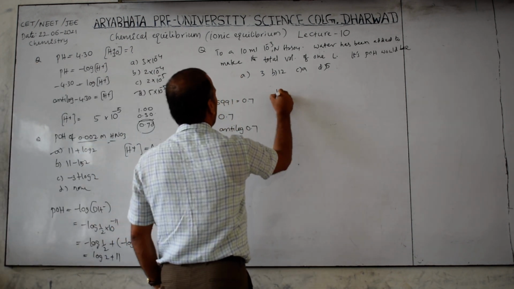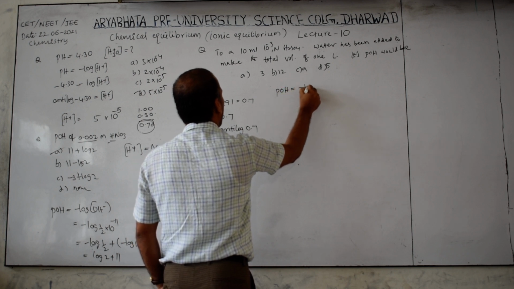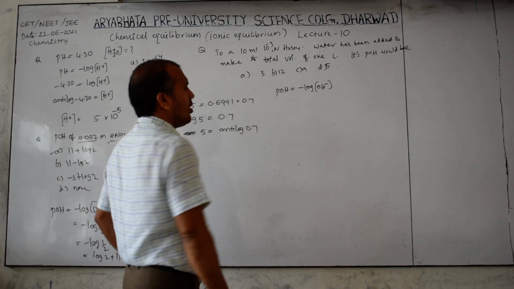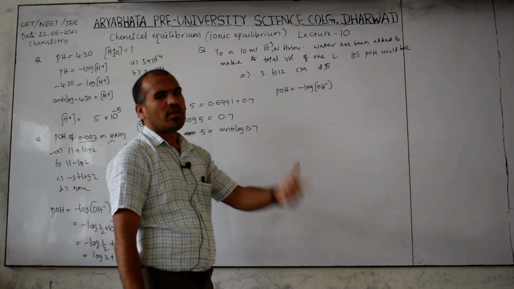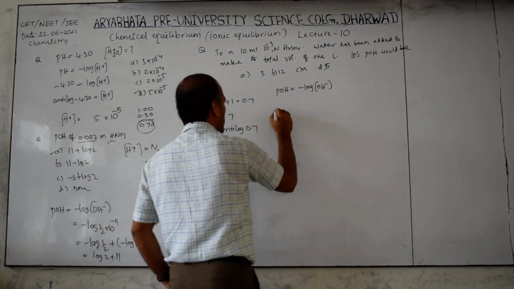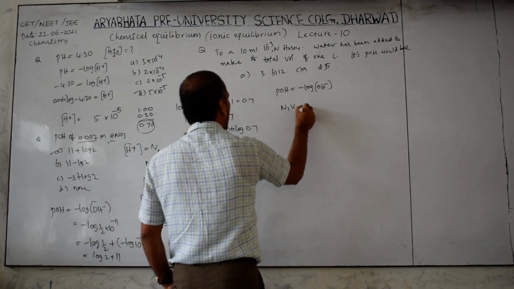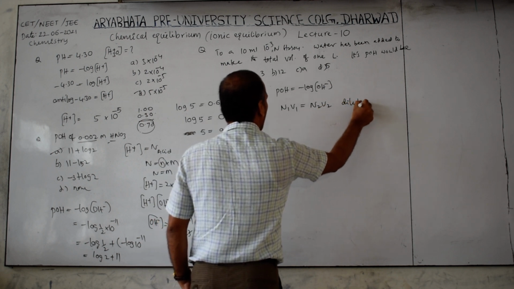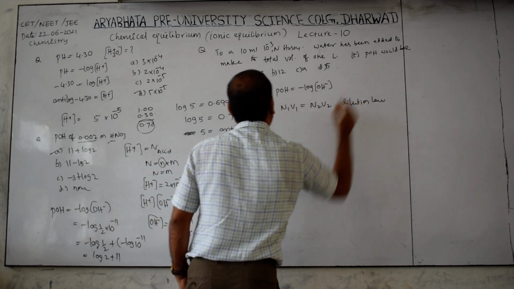We want pH. pH is equal to what? Negative logarithm of OH minus ion concentration. If you know the H plus ion concentration, then we will calculate the OH minus ion concentration. Therefore, first we have to calculate the H plus ion concentration. N1 V1 is equal to N2 V2. This is the dilution law. You know that.